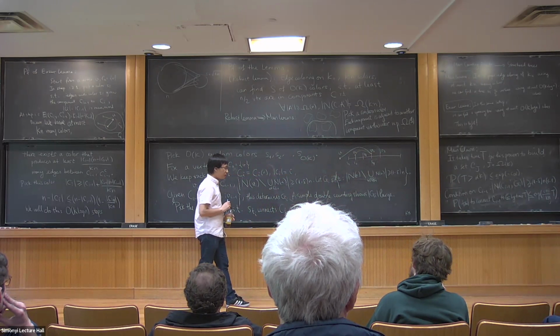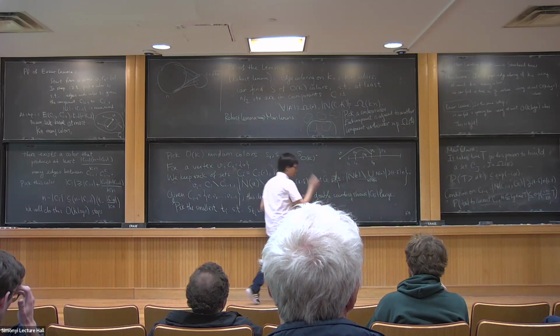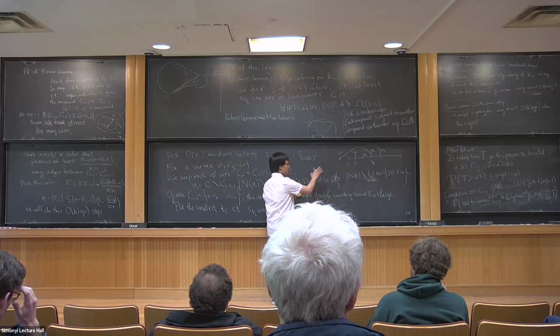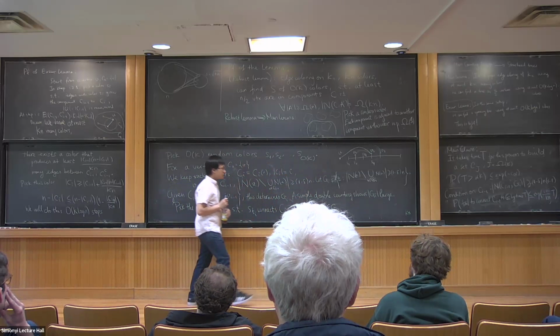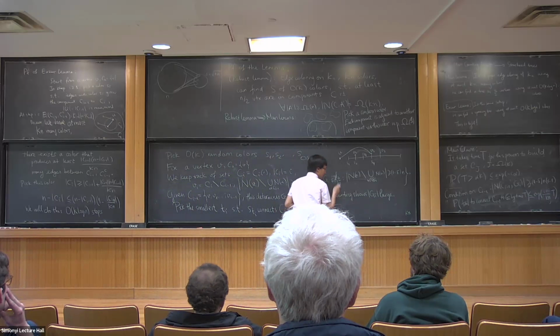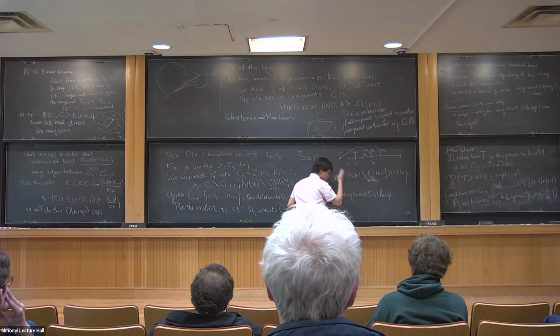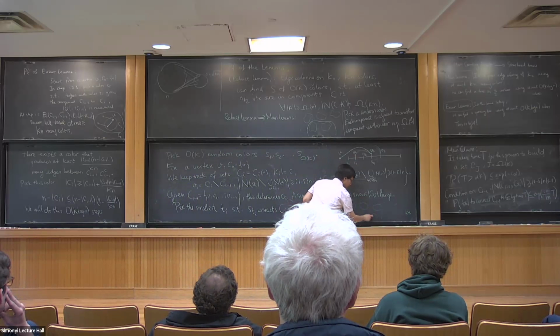For example, another picture one can think of is not to just do the analysis locally from the perspective of each vertex. We can try to say that, okay, maybe up to time some constant times k, most of the components are already growing sufficiently well.